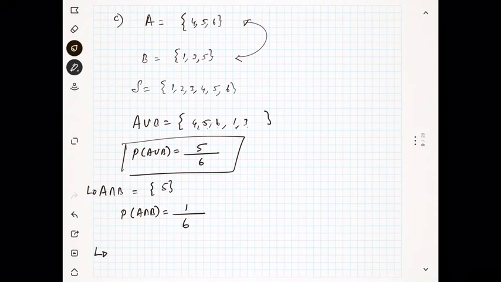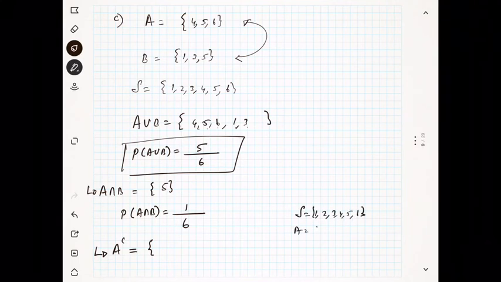Next, it is asked the A complement. And what is the A complement? A complement is the set which is not in A, and you know the sample space is 1, 2, 3, 4, 5, 6, and your A is just 4, 5 and 6.